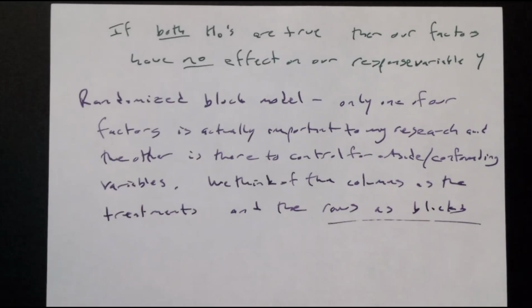And that means I randomly assign each group in the row to the treatments. So I have a little bit more randomization in each row. But I should still have one thing here. That's what that randomized block model means. Within the row, you randomize, shuffle those up.